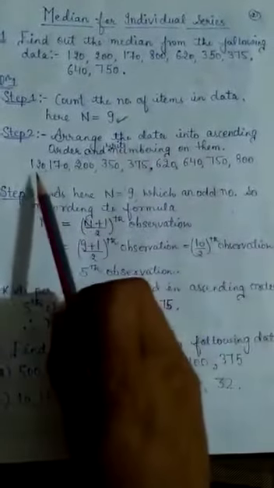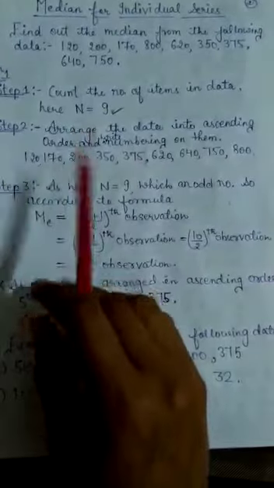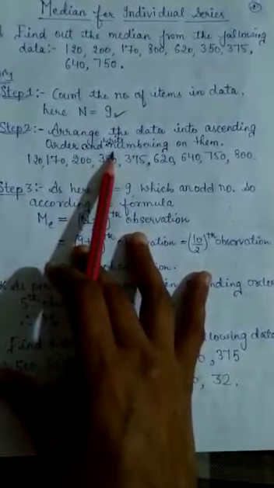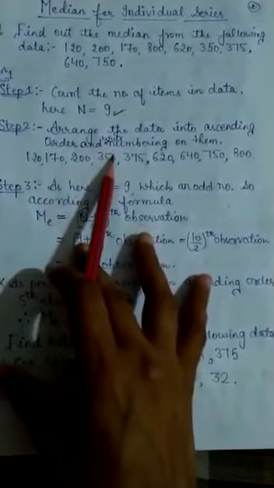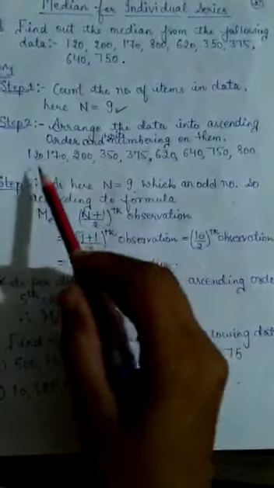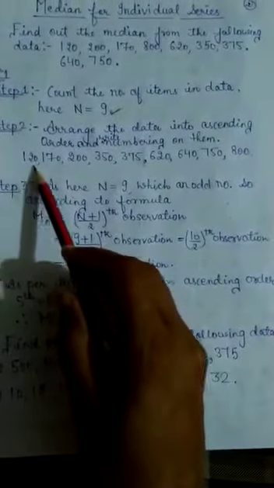As you all know, ascending order is taught to you in smaller classes like nursery, then first, second, third. I think you are all good at arranging in ascending order.